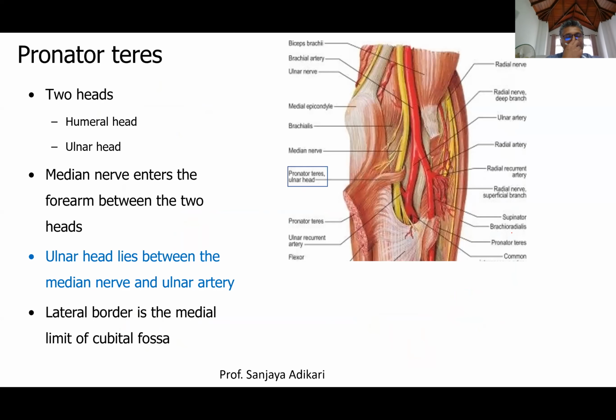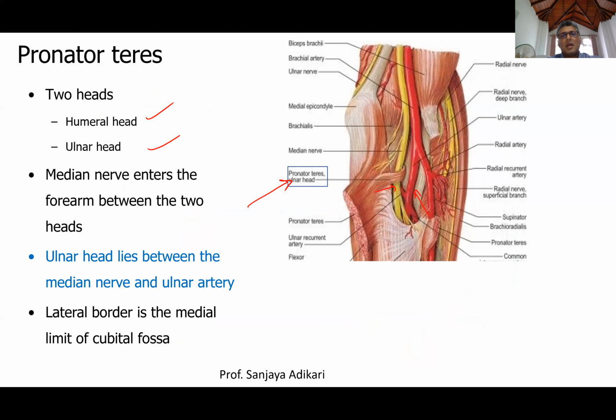Then a few points about pronator teres. We already discussed pronator teres syndrome. We know that there are two heads of pronator teres, a humeral head and an ulnar head, between which the median nerve enters the forearm. The ulnar head lies between the median nerve and the ulnar artery.